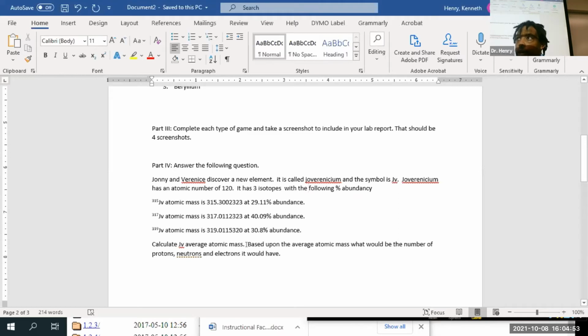And then it gives you what they are. Calculate JV's average atomic mass. Based upon the average atomic mass, what would be the number of protons, neutrons, and electrons it would have?